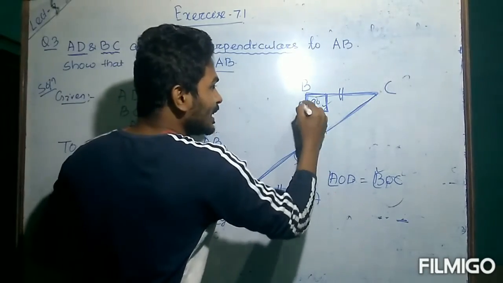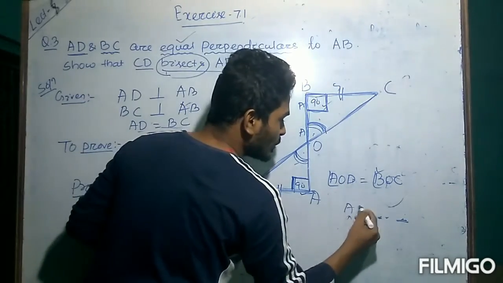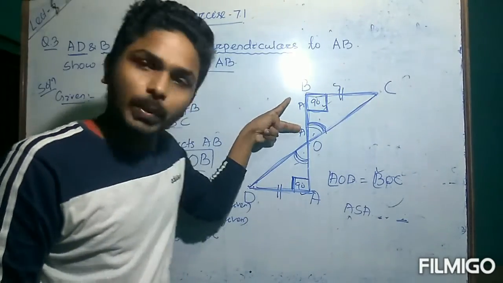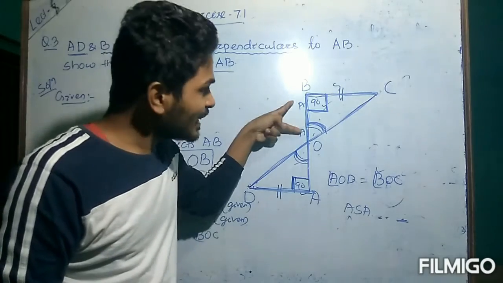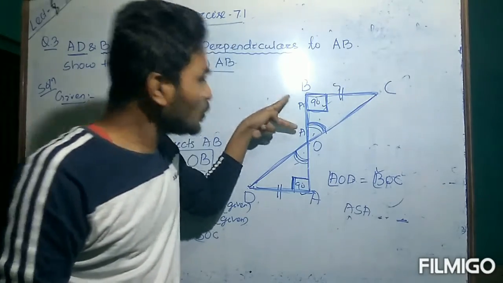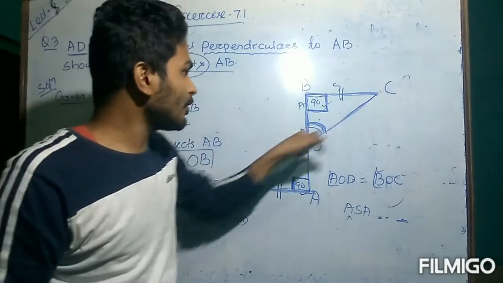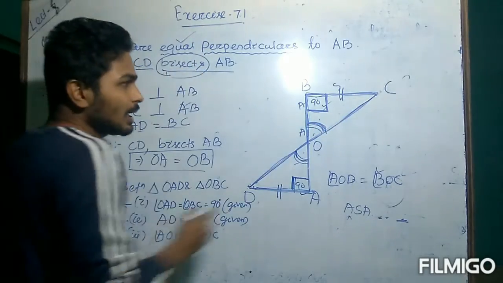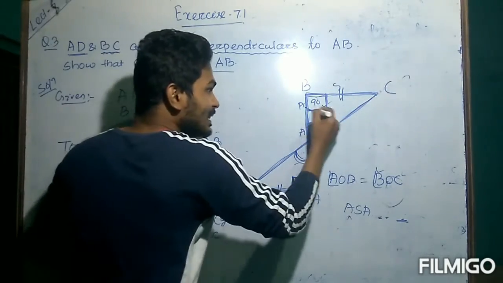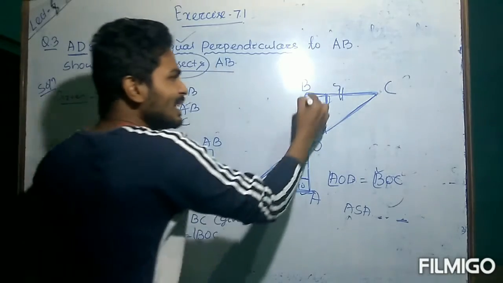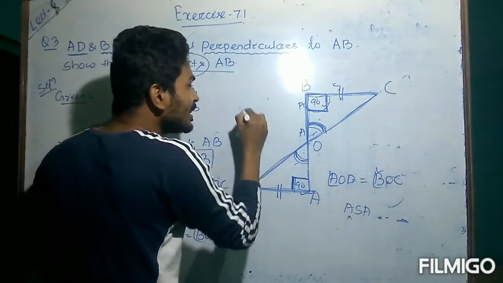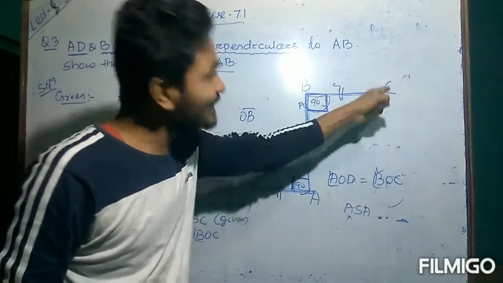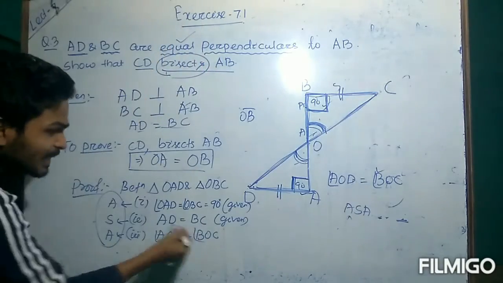Now tell me, is it ASA congruency? Here we have two consecutive angles, right? Then tell me, what is the included side for this triangle and for these two angles? If these are the two consecutive angles, then OB must be the included side. But here it is given BC.